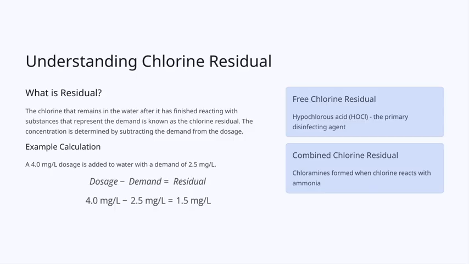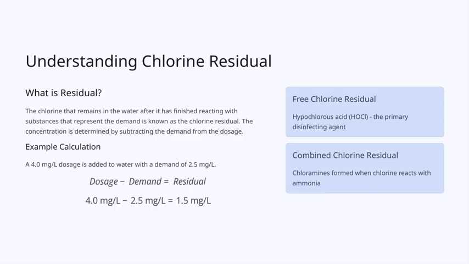Now let's talk about the types of chlorine residuals. The first is the free chlorine residual, which mainly consists of hypochlorous acid, or HCl. This is the primary disinfecting agent that keeps the water safe. It's very effective at killing bacteria and viruses. Then we have the combined chlorine residual. This forms when chlorine reacts with ammonia or other nitrogen compounds, creating chloramines.